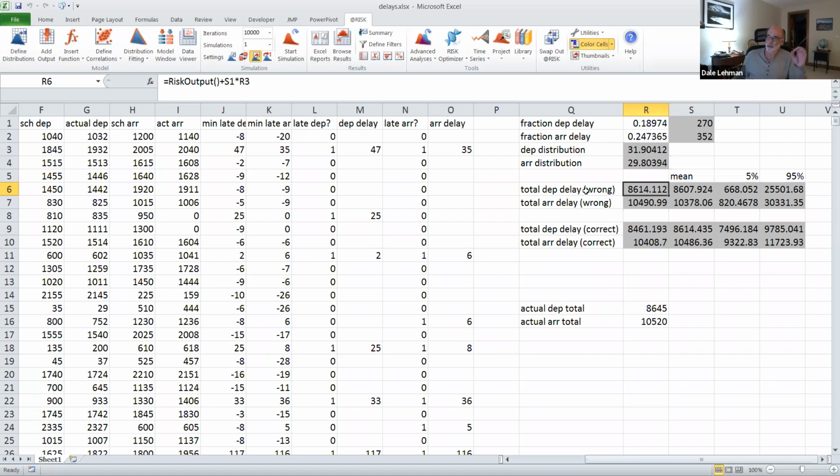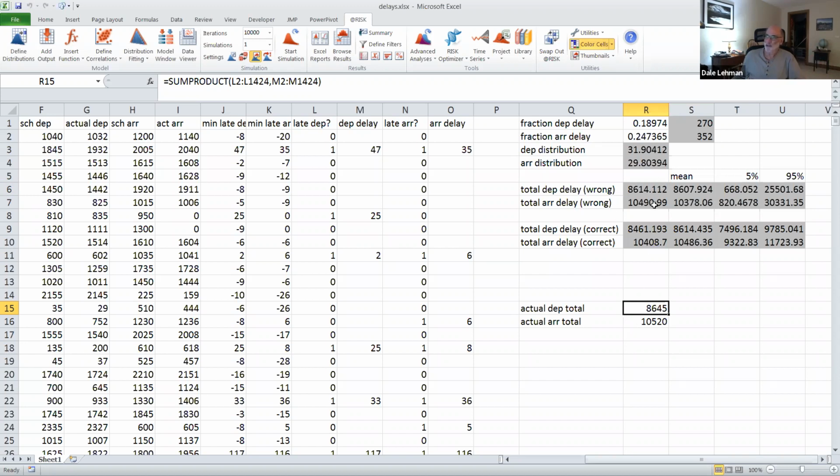Of course, remember we're simulating, so we shouldn't match the actual number exactly. The simulation's basically saying, well, if we simulate 10,000 Januaries, on average, what do they look like? It's not that different from what the actual number was for this particular January 2019. But they're all roughly in the same area.